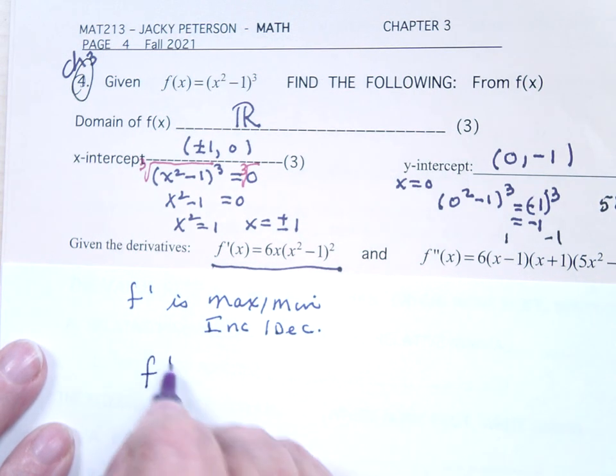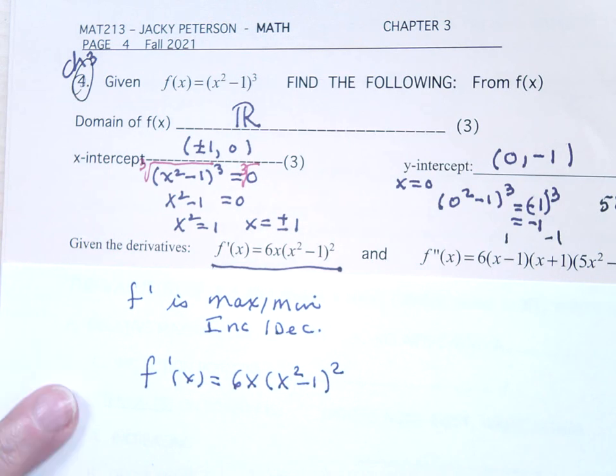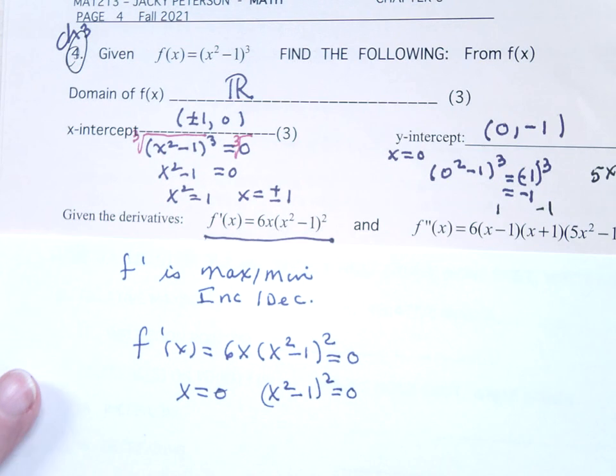And I'm given that f prime of x is 6x times (x squared minus 1) squared. And we set that equal to 0 to find the critical numbers. This says x equals 0, and (x squared minus 1) squared equals 0. x squared minus 1 equals 0, x equals plus or minus 1.